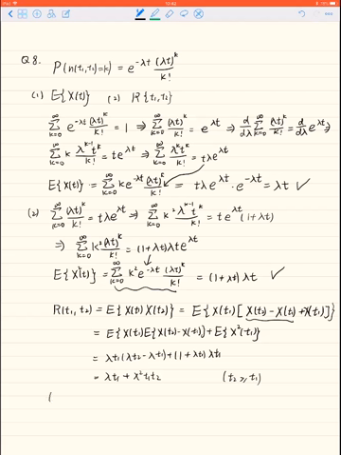In the second condition, when t1 is larger than t2, this part becomes X(t1) minus X(t2), and the answer is R(t1, t2) equals lambda t2 plus lambda squared t1 t2.